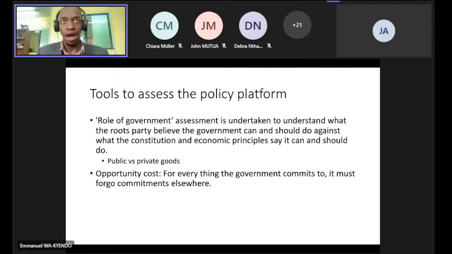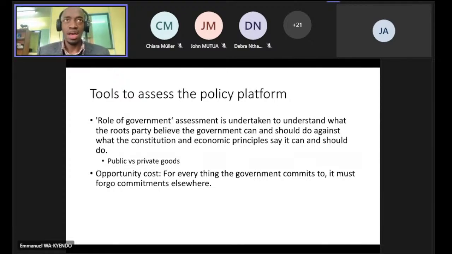For example, the current administration has done much of what they said they would do. The standard gauge railway is just one example of a promise they made and they kept, and it shows that manifestos, agendas and policy platforms do actually matter.